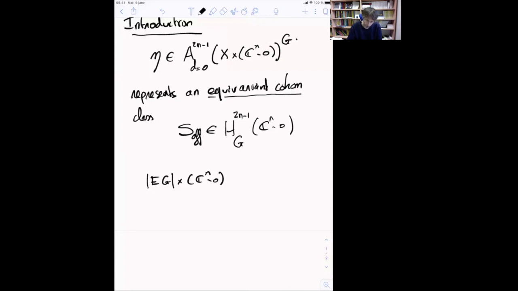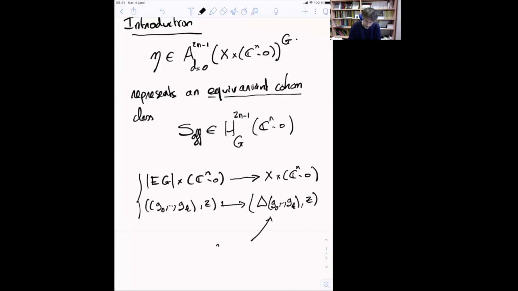And we will map this space into X cross C^n minus 0. And the way we map this, each time we see a simplex associated to G0 up to GK and an element Z in C^n minus 0, then we map it to a geodesic simplex, which I will denote delta G0 up to GK, Z.